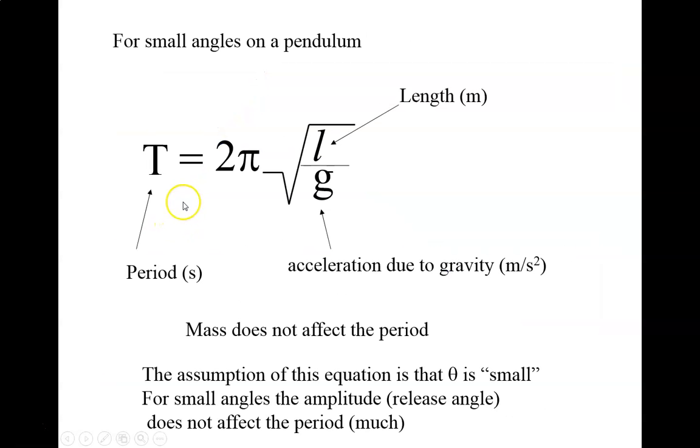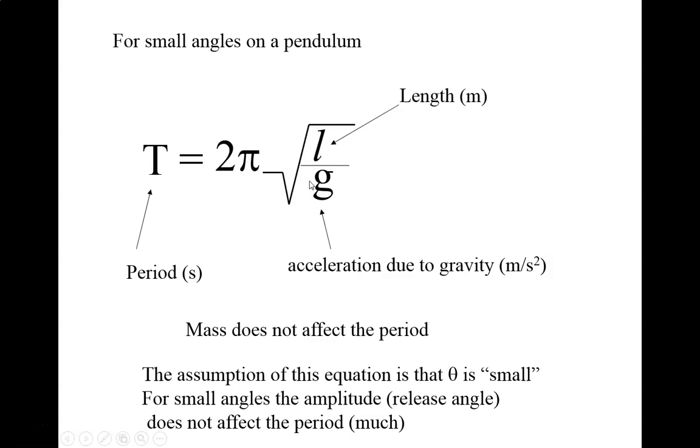So the equation for our pendulum is T equals 2 pi times the root of L over g. Just like we saw in our activity, as the length of the pendulum increases, that's going to increase the period. If we were to increase gravity, that's going to decrease the period.